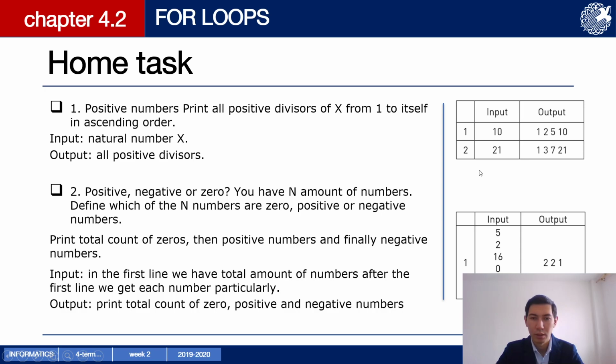I hope you can solve this problem without any complications. And the second one is almost the same: positive, negative, or 0. You have n numbers; define which of the n numbers are 0, positive or negative. So we have input numbers, and then you have an output.